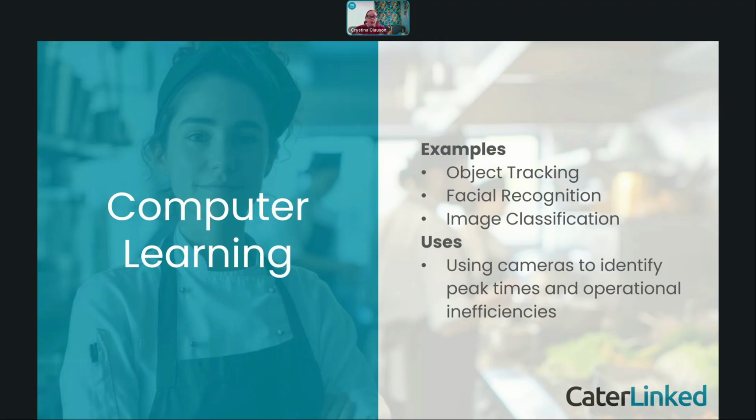So identifying what a human looks like in your front area of your restaurant, or how many tables you've got that are full, or looking at the flow of the kitchen and saying, you know what, if this station and this station were closer, or if you had one person working on this rather than this, then your kitchen would be more efficient.